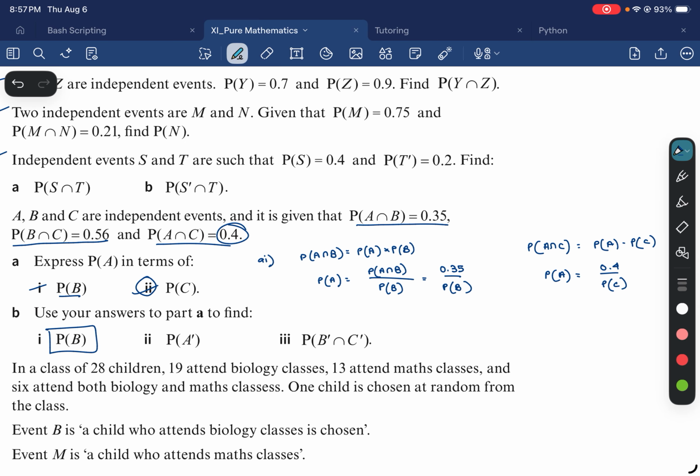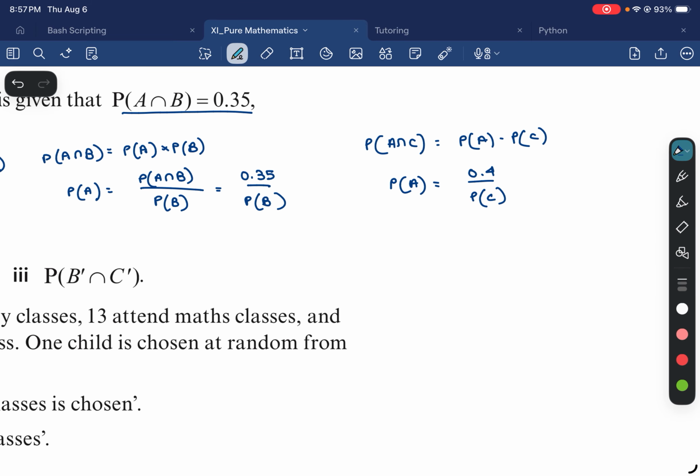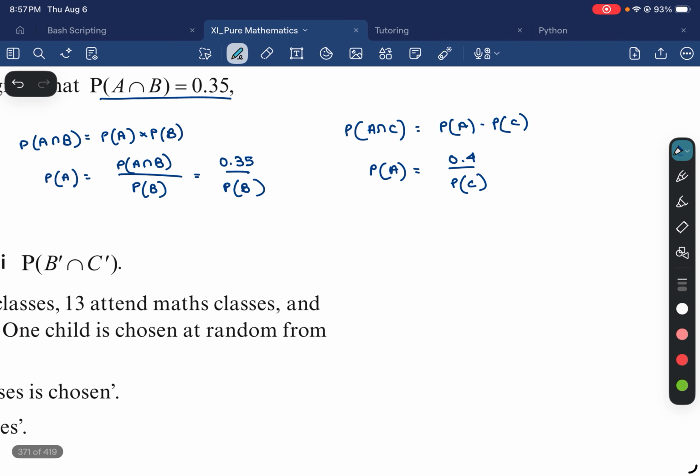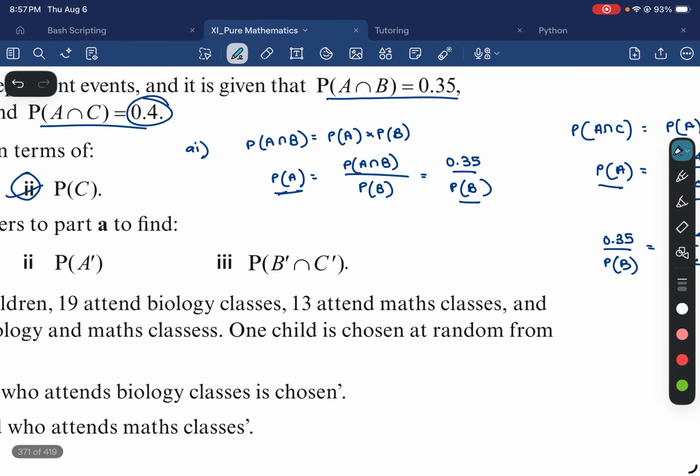So I think we're going to need to do a bit of algebra here. So I know two expressions for P(A). So we can set these to be equal. So I know 0.35 divided by P(B), this expression is P(A), should be equal to this expression. All right, so I'm going to say that is equation 1.